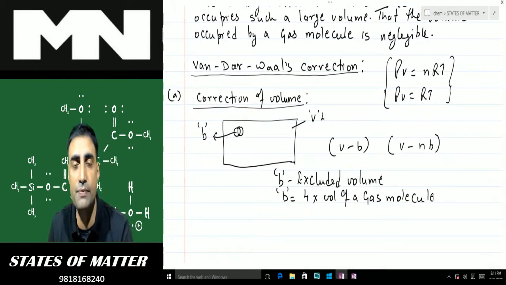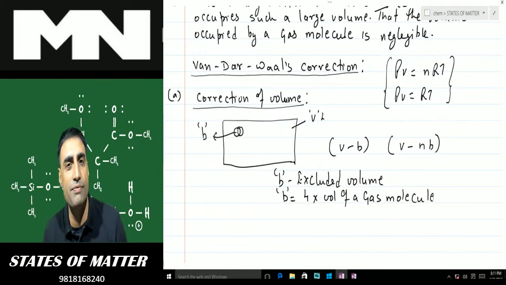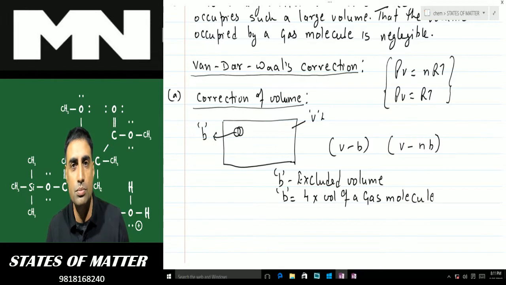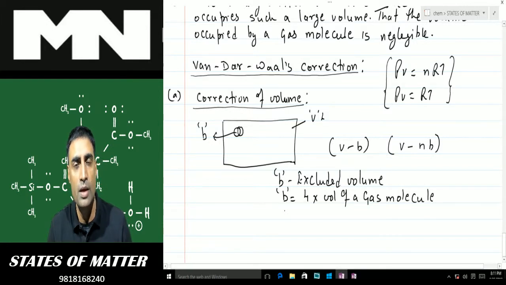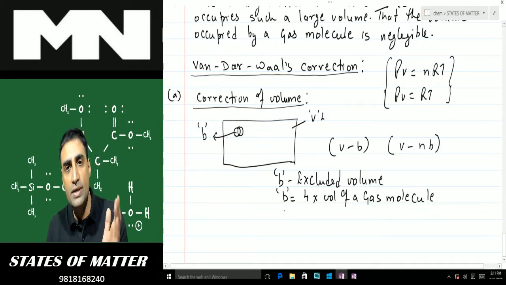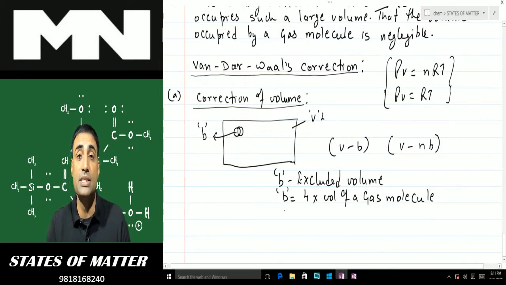See students, different gas molecules have different radii. So they have different volumes. We know that it is 4 by 3 pi r cube. And hence, the volume which they occupy, that is 4 into 4 by 3 pi r cube, is also constant. So B is a constant. It is a constant for a gas, and different gases have different values of B. Because different gases will have different radii.